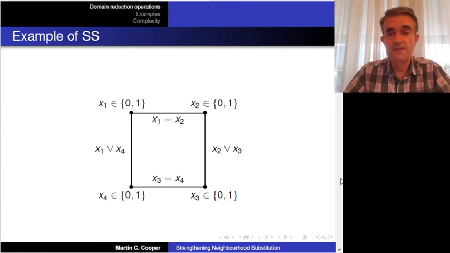And what blocks neighbourhood substitution is the equality constraints, x1 equals x2, for example. But snake substitution can allow us to eliminate all the values 0 from all domains, reducing all domains to singletons in this particular example. So without giving the details, it's just to show that snake substitution is strictly stronger than neighbourhood substitution.